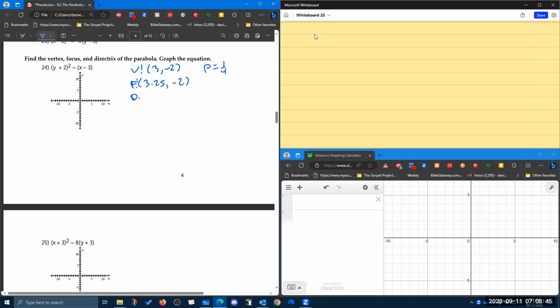And the directrix, fractionally, 3 1/4 is 13/4. And then 2 3/4 is going to be 11/4.